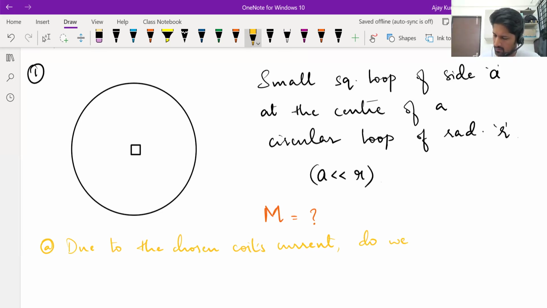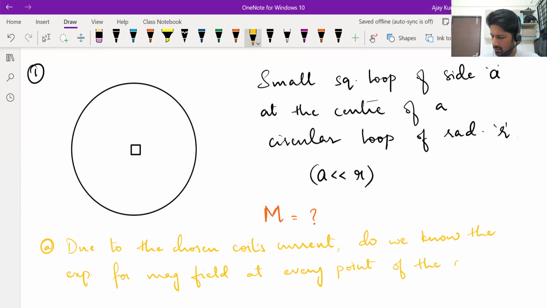do we know the expression for magnetic field at every point of the other coil? That's one thing.